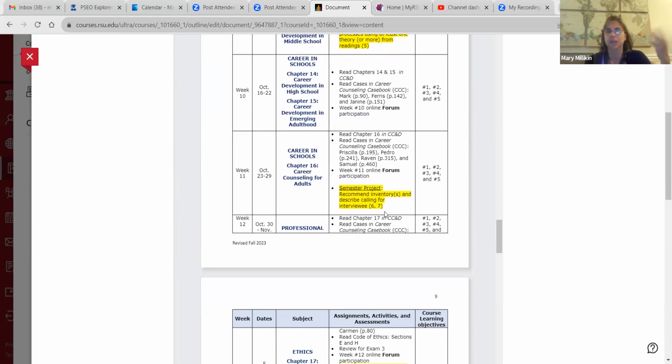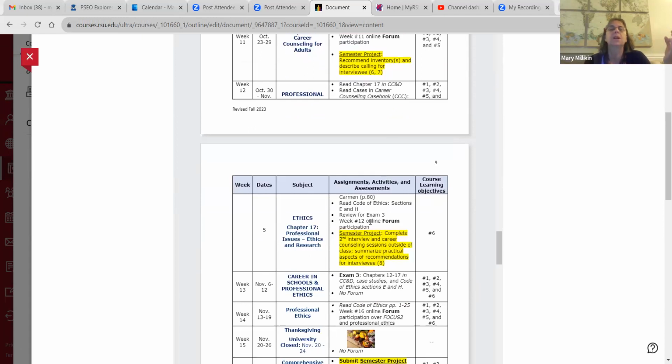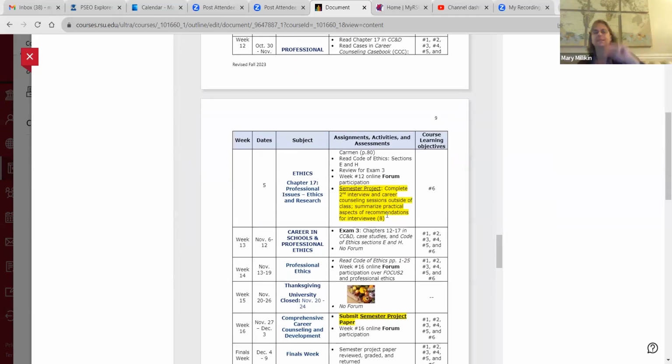By week 11, we're 3/4 of the way through the semester, and you will want to be recommending inventories and describing them for your interviewee, because by the next week, you want to hold that second interview with him or her, or them. It's this counseling session, to summarize some practical aspects of your recommendations for them, including inventories they may take for further exploration, exercises, guidance, what to look out for, etc.